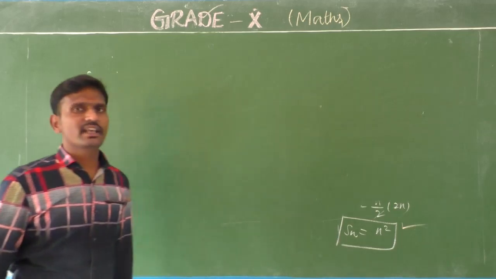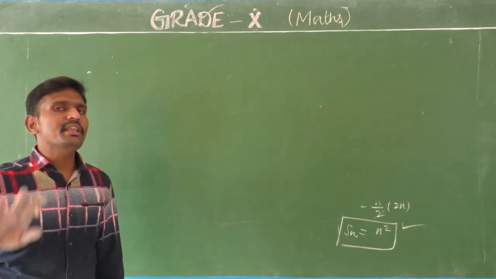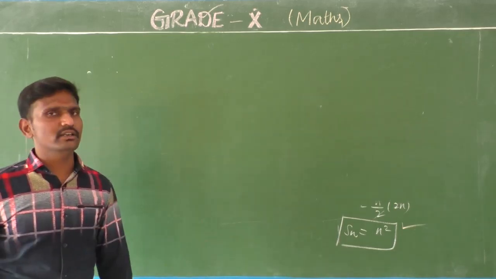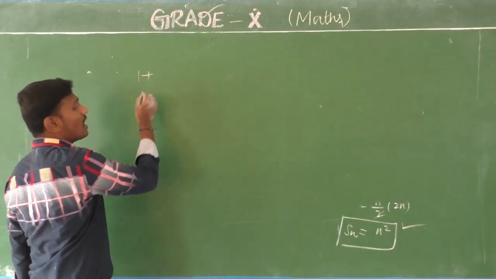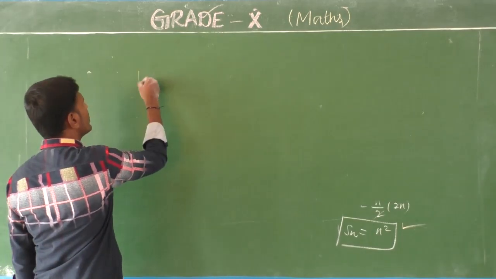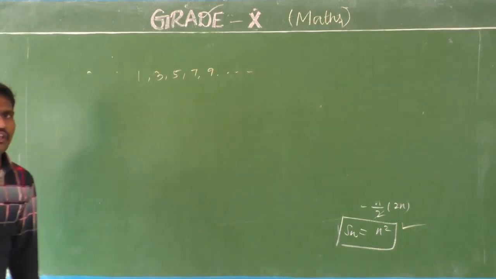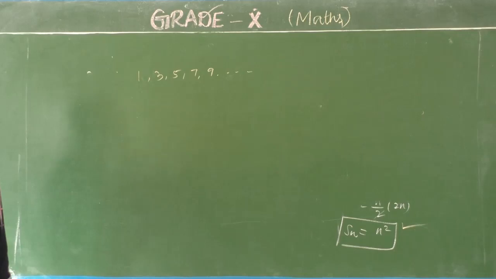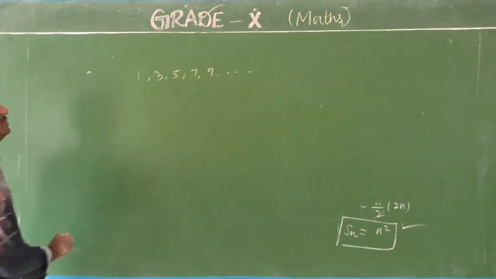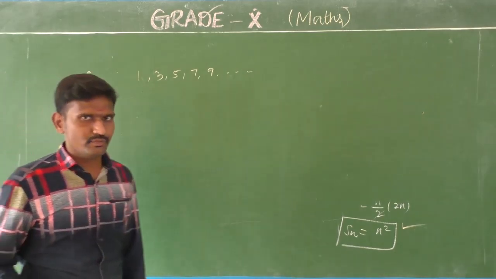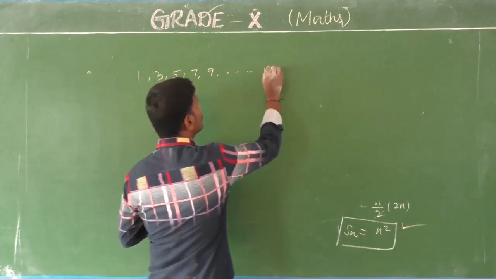So maybe a 1 mark question will be expected on this. See, you have odd numbers, you know, 1, 3, 5, 7, 9, and so on. So here I am going to substitute. I am going to find the sum of n terms, up to n terms.